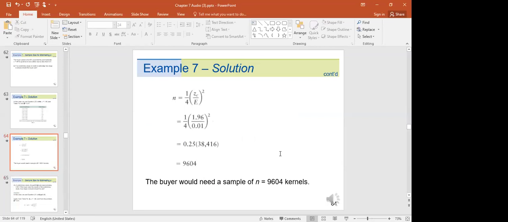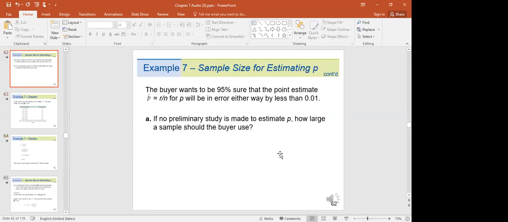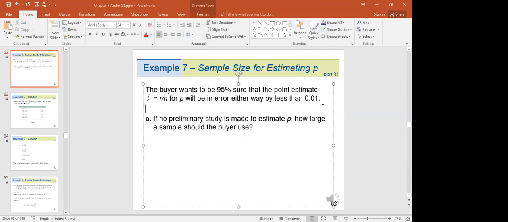Because no preliminary study was used, remember that the buyer wants to be 95% sure that the point estimate will be in error either way by less than 0.01. So E is 0.01.